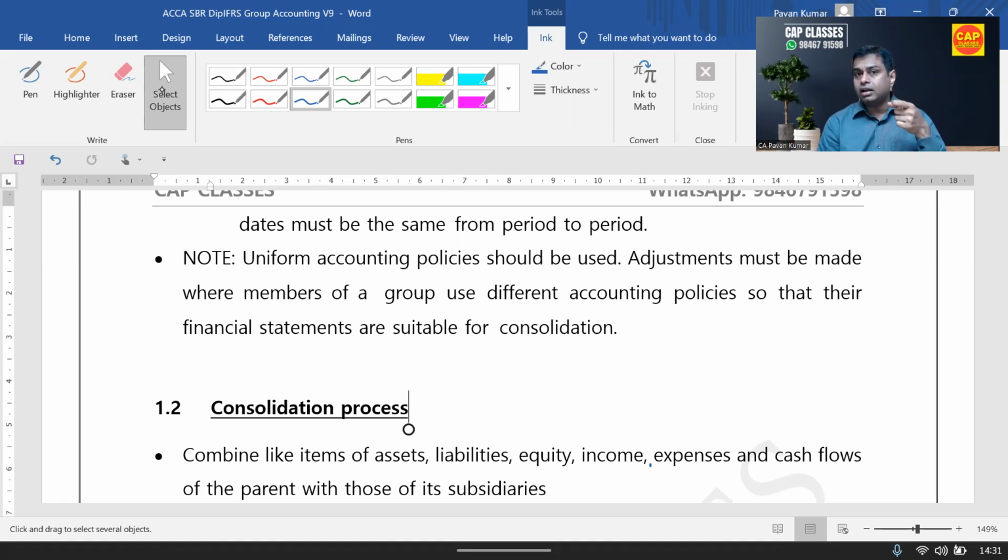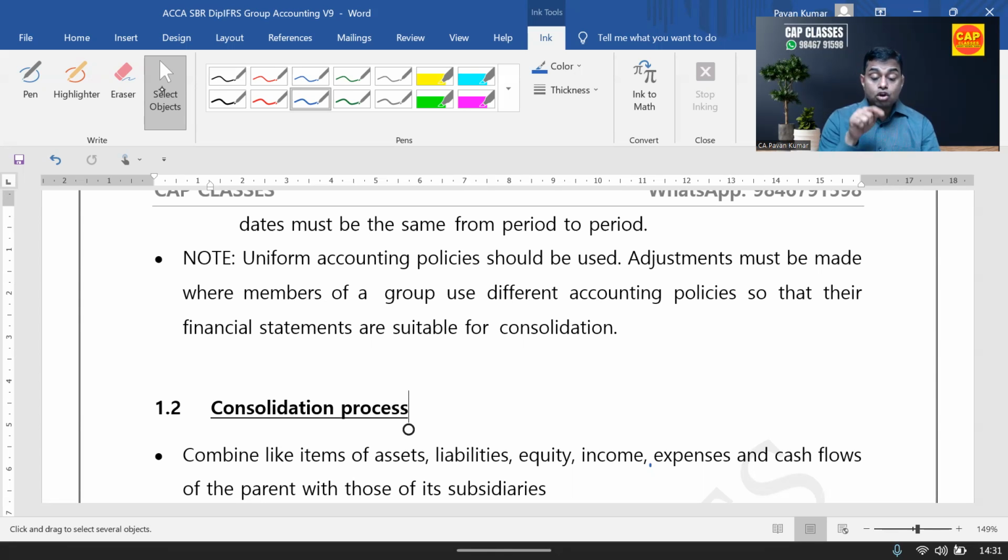The parent of the group will publish one accounting policies book and distribute it to all the subsidiaries, which each subsidiary has to comply with. If your country is not allowing it for your financial reporting purpose, you follow whatever accounting policy your country accepts. But for consolidation, you have to rework, matching with the parent company, and give financials.